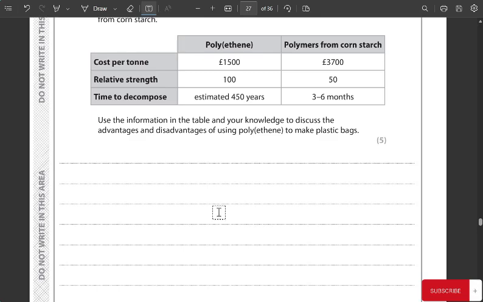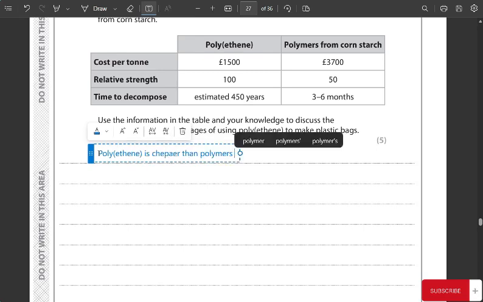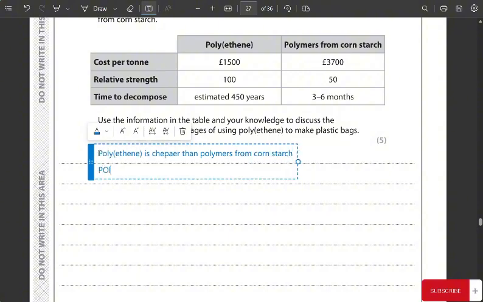The first one is polyethylene is cheaper than polymers from cornstarch. And next one is polyethylene is stronger than polymers from cornstarch.